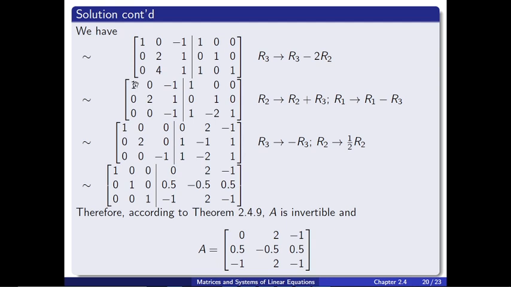We use the row on top, right? If you want to make a 0 here, you use this. If you want to make a 0 there, you use this. But when you want to make a 0 here, you use the diagonal entry here, the one that is below. When you want to make a 0 there, you use this one again, right? And so forth. So in this case, we want to make this a 0.